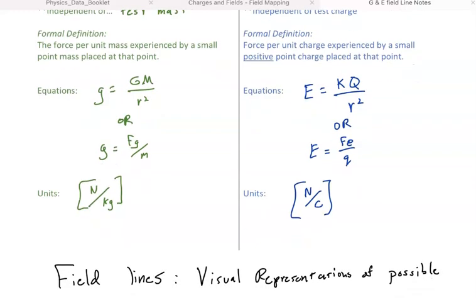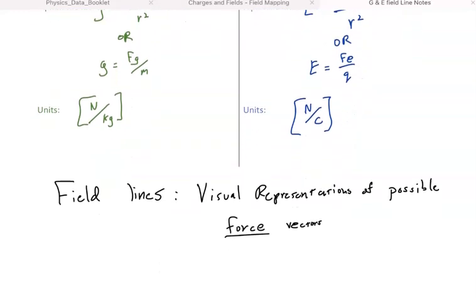We're going to focus on the units, where newtons per kilogram is for gravitational field and newtons per coulomb is for electric field. This helps us make sense of field lines, because field lines are really just visual representations of possible force vectors. Since it's per unit kilogram or per unit charge, we're acting as if we were placing a 1 kilogram mass or a 1 coulomb charge in that position.